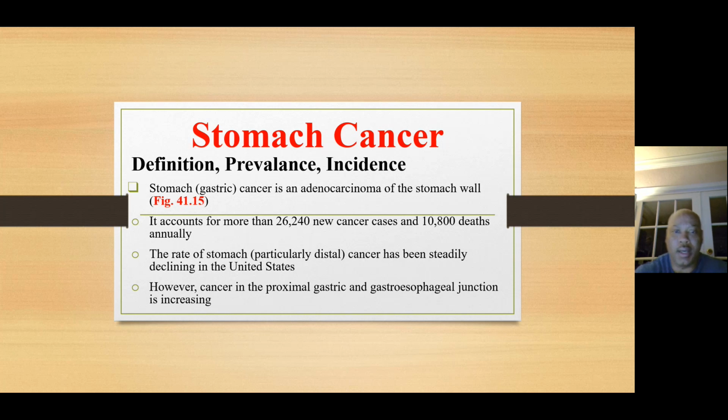Now let's look at the cause, or etiology, as well as the pathophysiologic process. While many factors are implicated in the development of stomach cancer, no single causative agent has been identified.